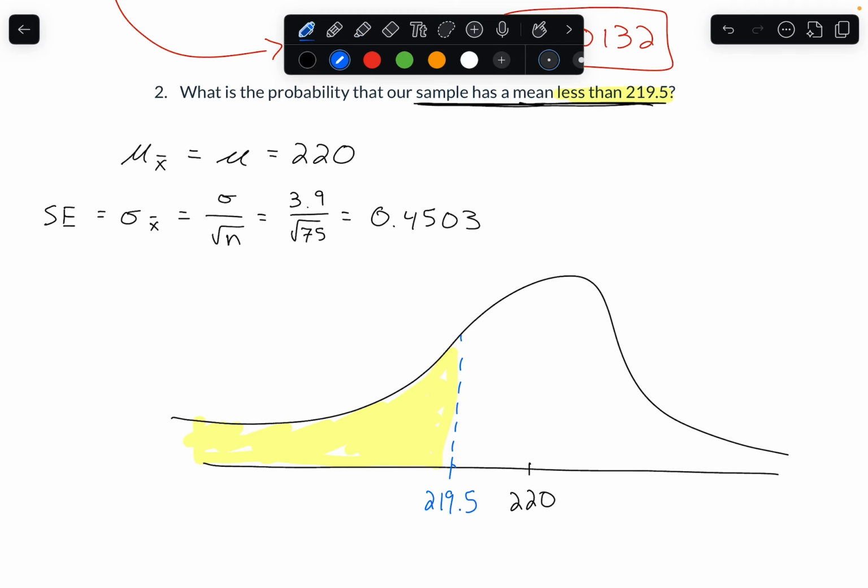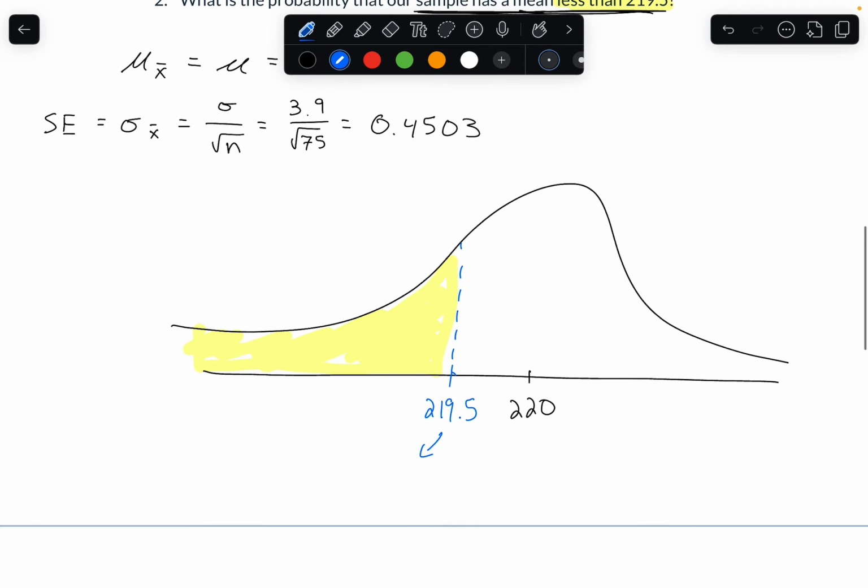So just like last time, we're going to find the z-score corresponding to this. Z is equal to x minus the mean of the sampling distribution divided by the standard deviation of the sampling distribution. So that would be 219.5 minus 220 divided by my standard deviation, 0.4503.